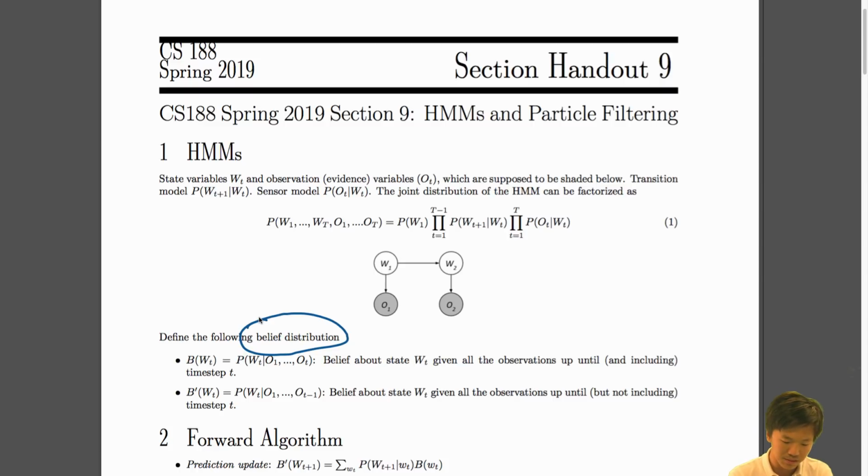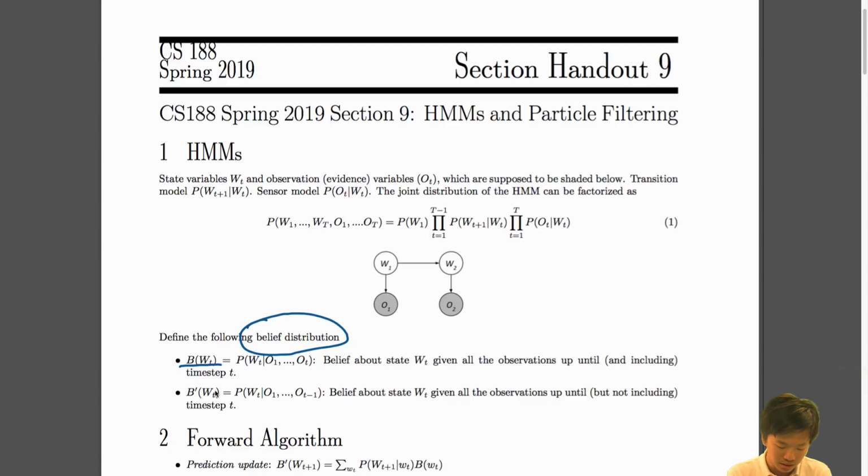The first belief distribution table is just a regular B(W_t). This is equivalent to the probability of the hidden state at time t given all the observations from time 1 to time t.